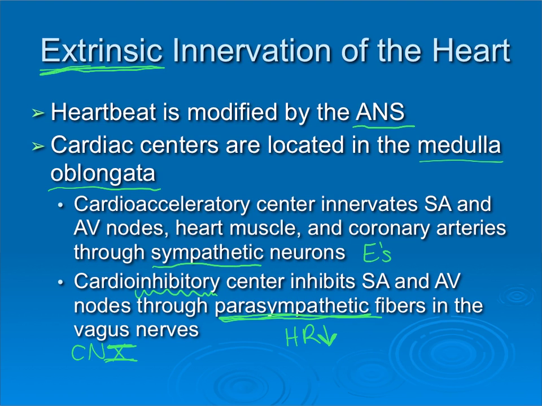In the medulla oblongata, we would basically stimulate the cardioacceleratory center, which would increase the rate. It's also going to increase the contraction of the cardiac muscle. So the heart muscle itself is actually going to contract harder.